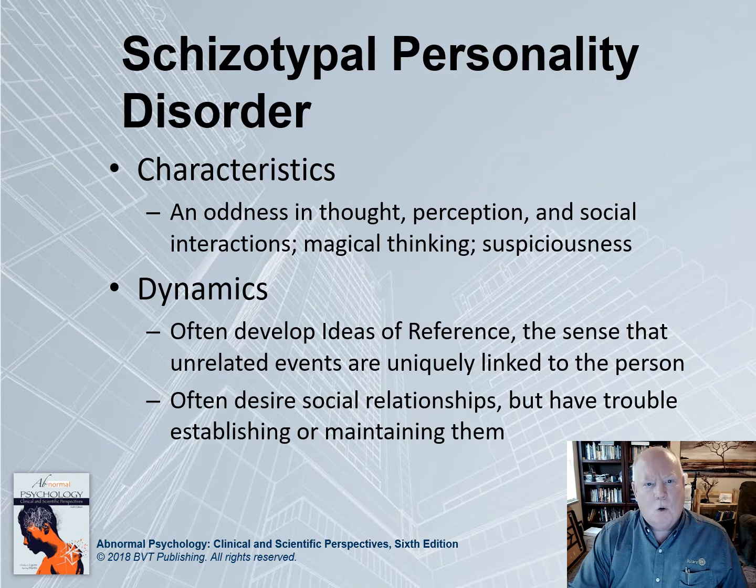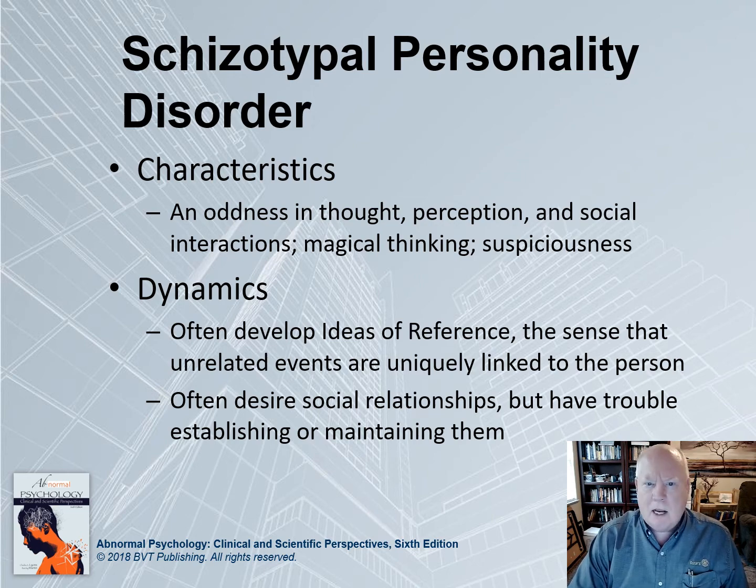The third disorder in cluster A is called schizotypal personality disorder. It is characterized by an oddness in thought, perception, and social interactions, as well as some magical thinking and suspiciousness. Most people would describe someone with schizotypal personality disorder as odd or unusual.